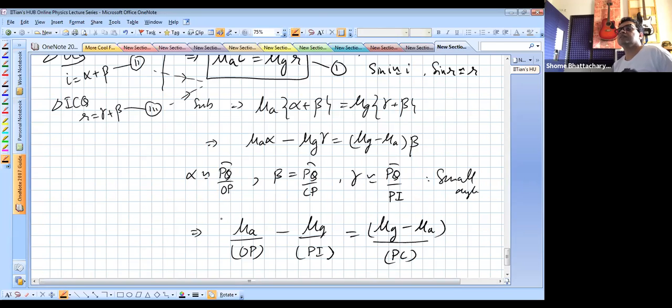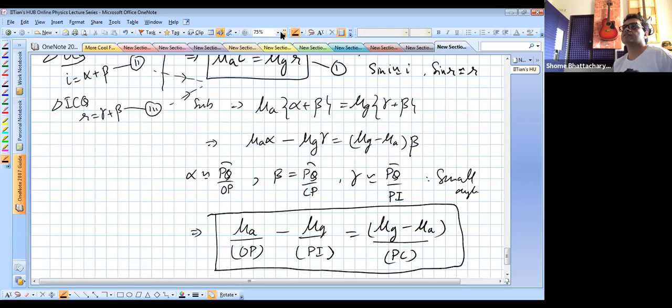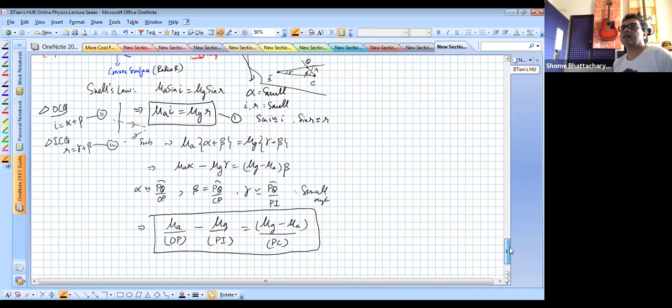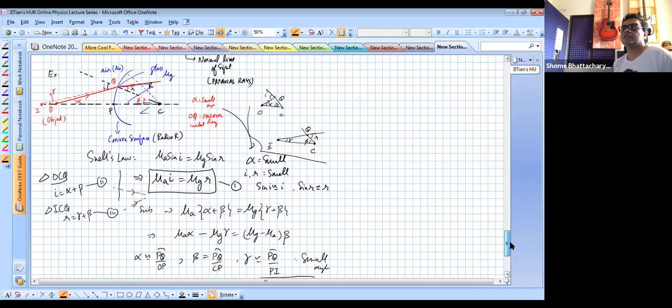So this is the relationship that we are getting between the object distance, the image distance, and the radius of the spherical surface, the radius of curvature. Of course, we will take this one step further with the Cartesian sign convention, but first make sure you understand all the steps here.